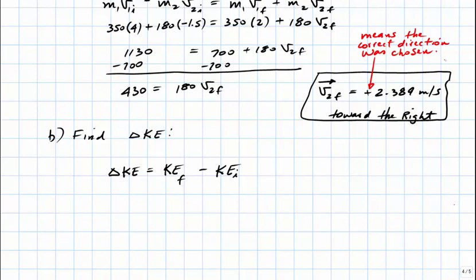Now, the system is composed of two bumper cars, so each will contribute to the final as well as the initial energy states.